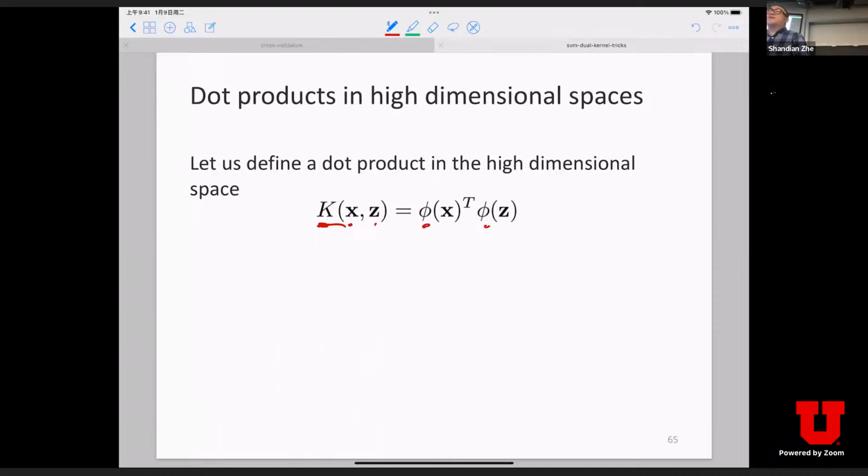If we can find such a function, then we never need to really, explicitly compute the feature mapping and do a dot product, right? I can just compute this function very cheaply in the original feature space. Then I can address the computational issue, right? So that's the so-called kernel trick, right?